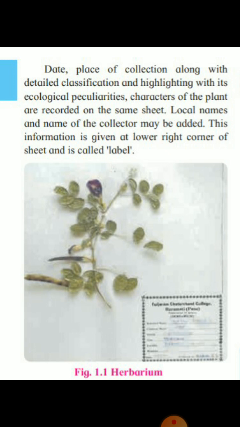So the local names are given in order to easily understand, and this information is given at the lower right corner. Okay, it is very important that it is always in the right corner of the sheet, and it is called the label. Okay, got it?